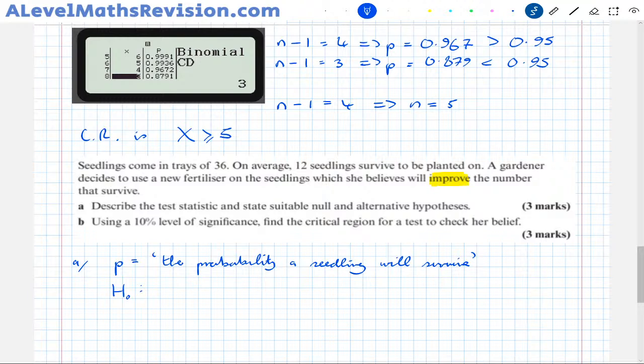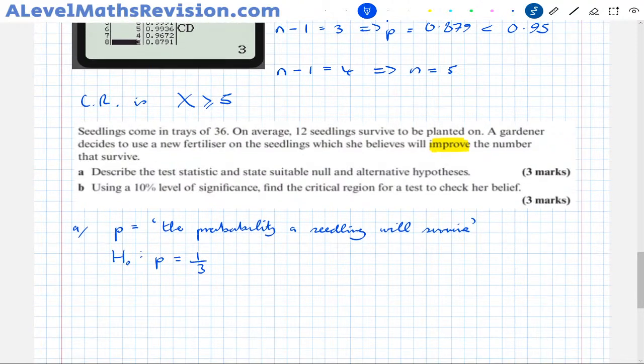The null hypothesis: well, 12 out of 36. On average, 12 seedlings survive to be planted on in the tray of 36. So the null hypothesis is 12 out of 36, P equals a third.